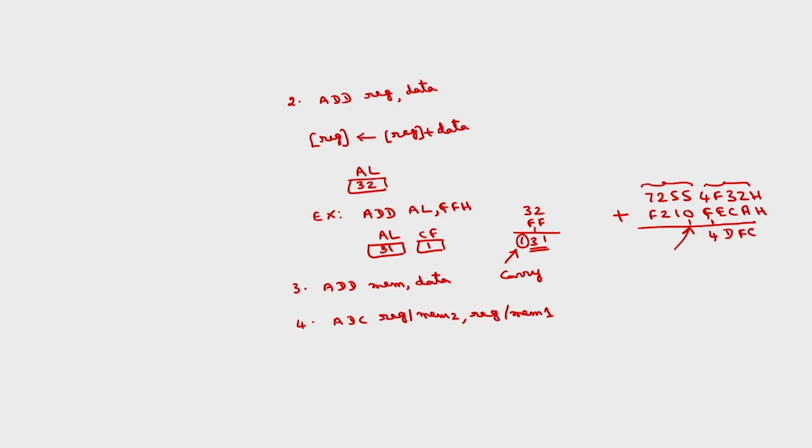Both cannot be memories. The operation is: register/memory 2 will be added with register/memory 1 plus the status of the carry flag, and stored in register/memory 2.